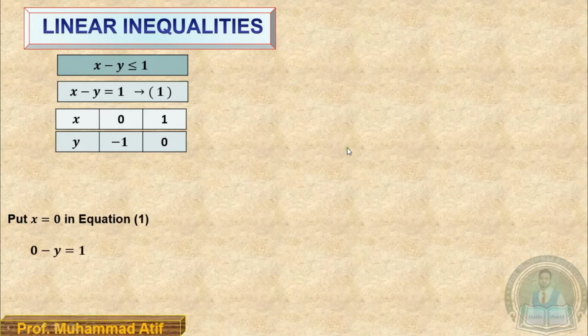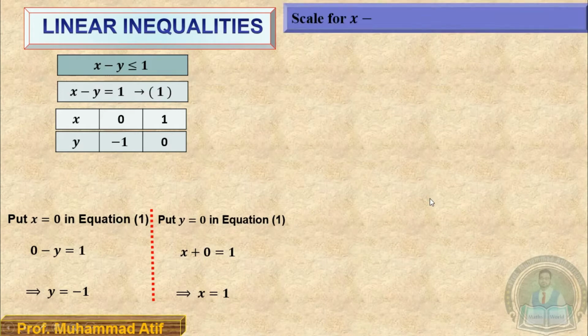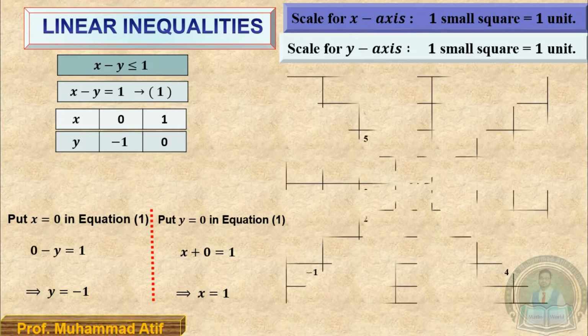For the best presentation, write it like this: put y equal to 0 in equation 1 and put x equal to 0 in equation 1. In order to make the graph, you should define your scale. On the x-axis, one small square is equal to 1 unit, and on the y-axis, one small square is equal to 1 unit.